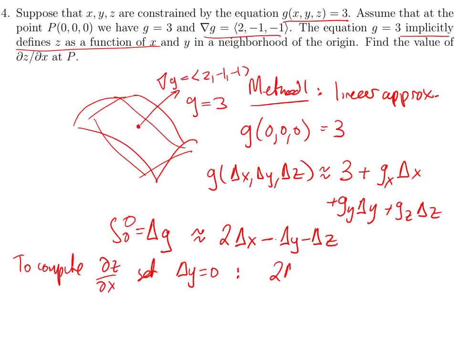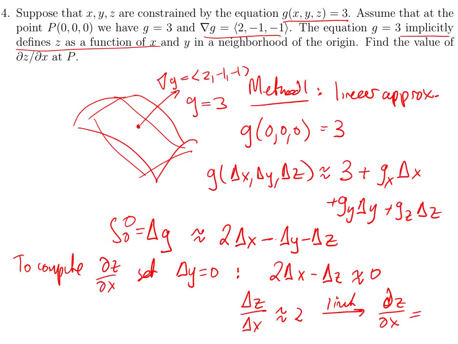And then I get that 2 delta x minus delta z is about 0, which is the same thing as saying that delta z over delta x is close to 2. And so if you take a limit of this, you get that partial z partial x is equal to 2. Okay. So we were able to read off this information just by looking at the linear approximation.